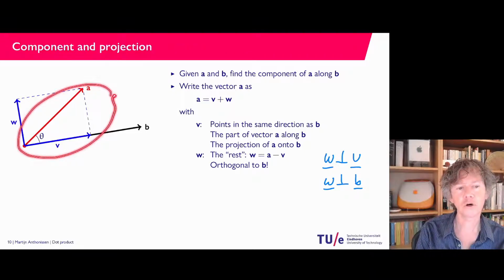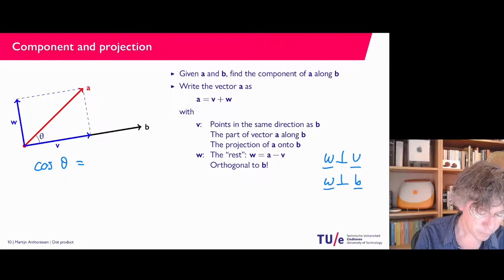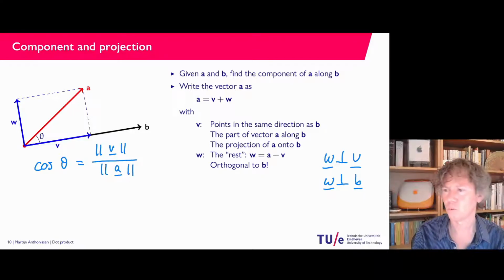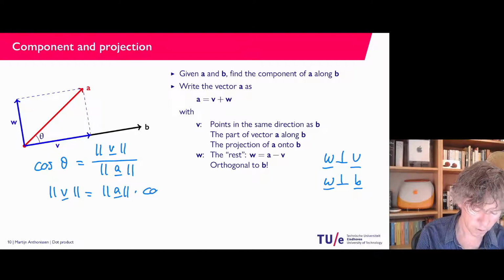And as you can see, the cosine of theta is the length of the adjacent side over the length of the long side. So what we have from the triangle is that the cosine of theta is the length of the adjacent side, V, over the length of the long side, which is A. So I have that the length of V is the length of A times cosine theta.